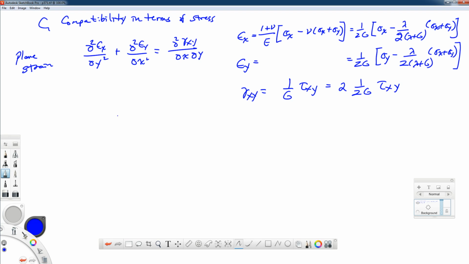Alright, so let's put these into the compatibility equation. So the first term we have is the second partial derivative of epsilon x with respect to y twice.